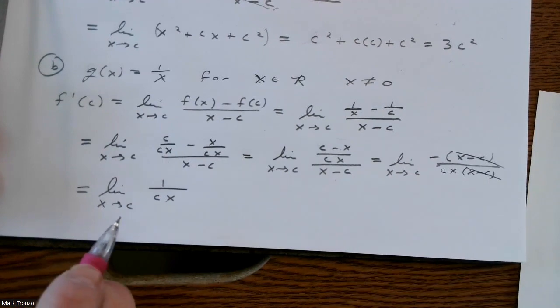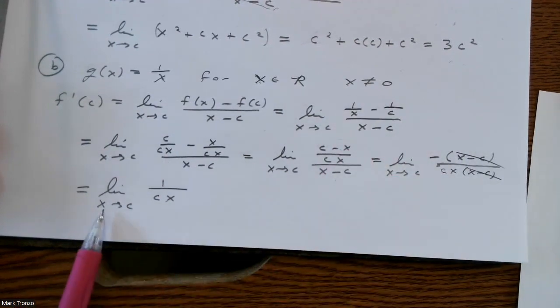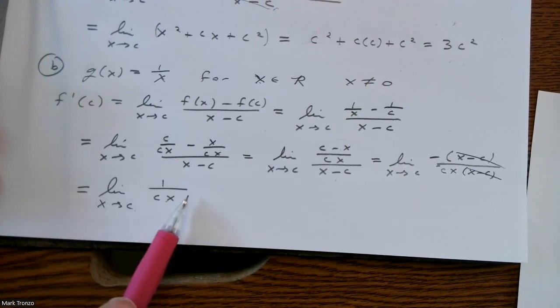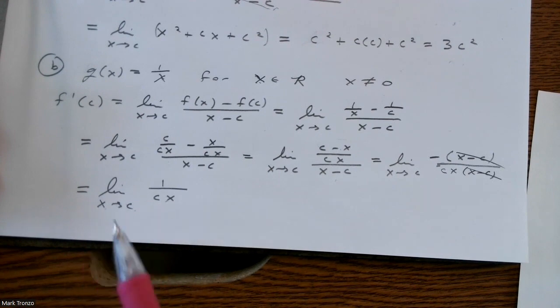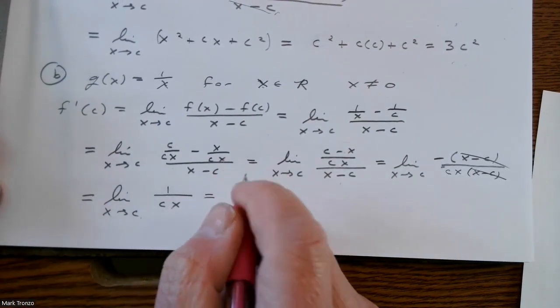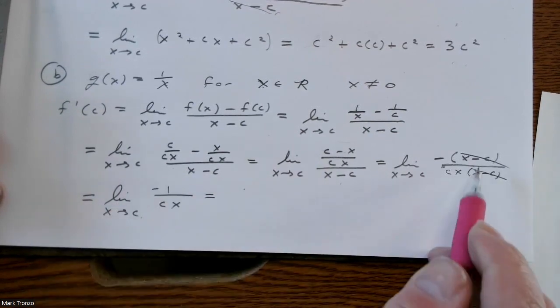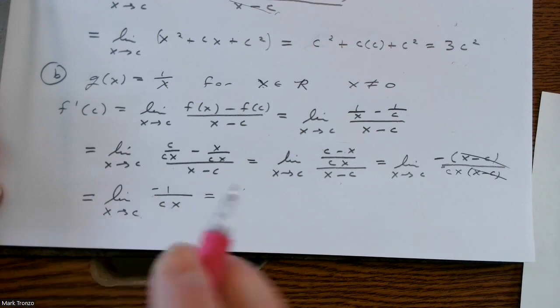And once again, as long as we said at the beginning that x can't be 0, remember, if you're doing a limit approaching c like this, there's no chance of dividing by 0. At this point, you can just substitute. And I forgot my negative, sorry. When these cancel, there's a negative right here.